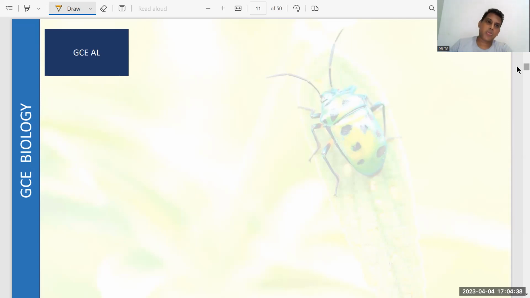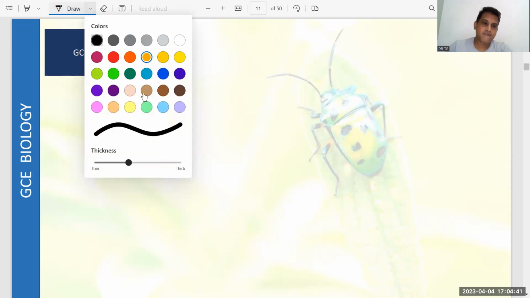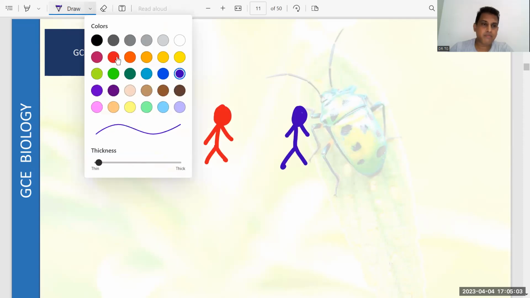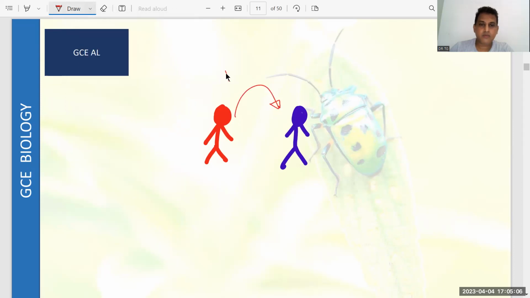Now, understanding this, if a person donates blood to another person, this other person has an immune system.